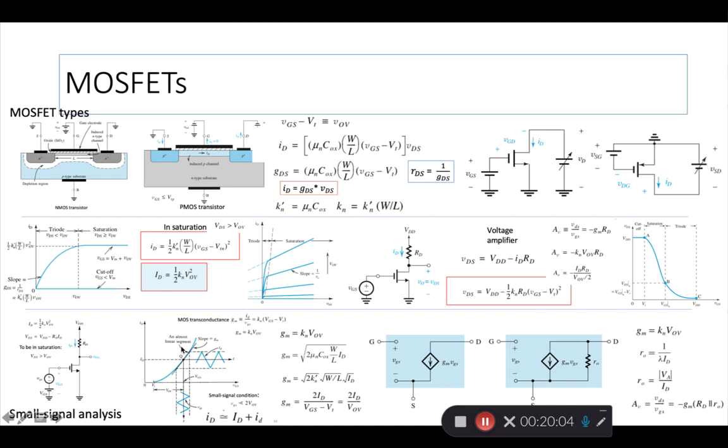Now we come to the bottom row. The bottom row, we have the transistor amplifier circuit and its details, and here you will notice that we bring in the small signal model.